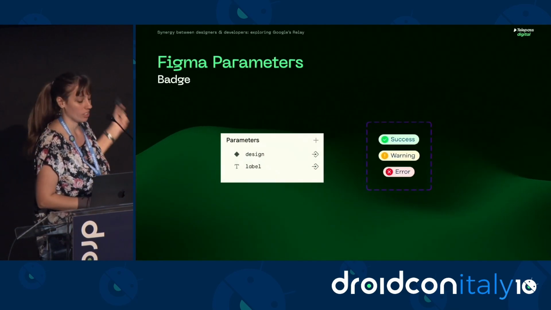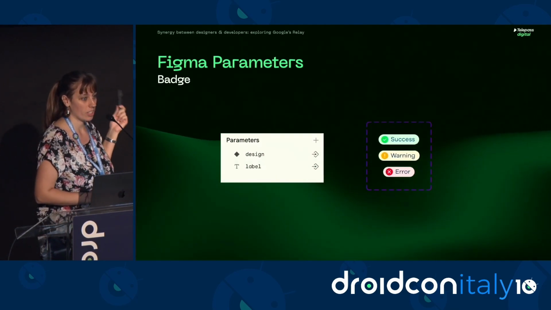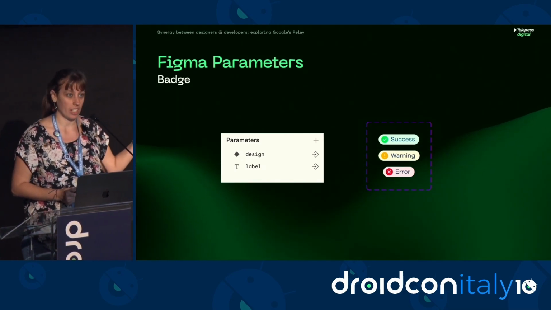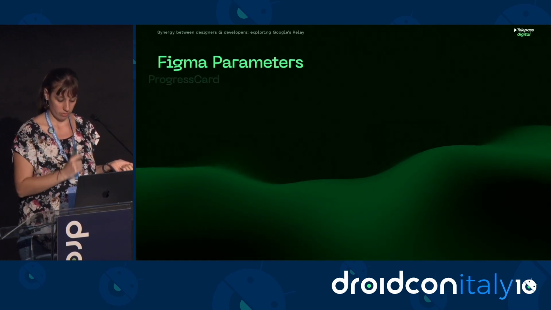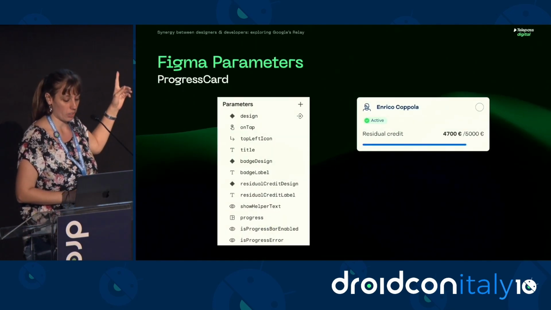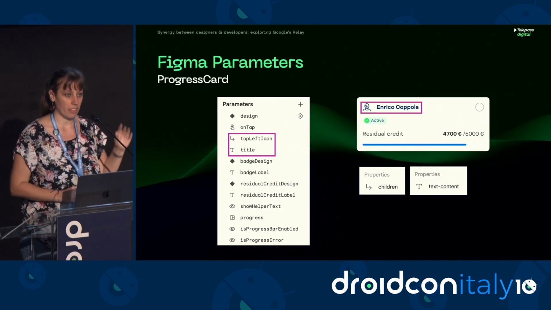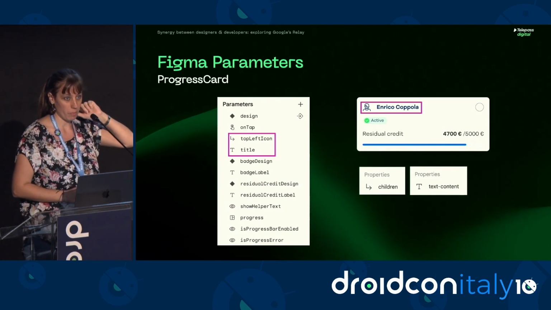As for the badge, we want to make the following parameters dynamic: the design, to customize the badge based on its different variants, and the label, to personalize the text inside the badge. In the top part of the progress card, let's focus on the following elements. As for the top left icon, we've linked the children parameter to the icon element on Figma.